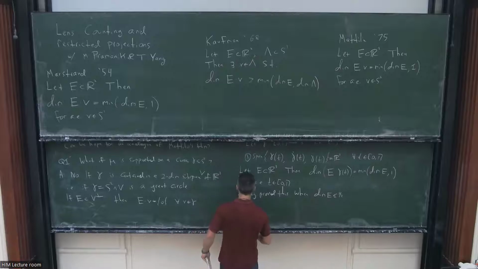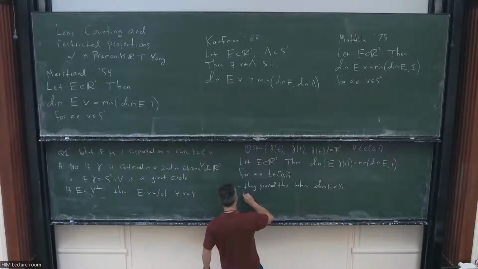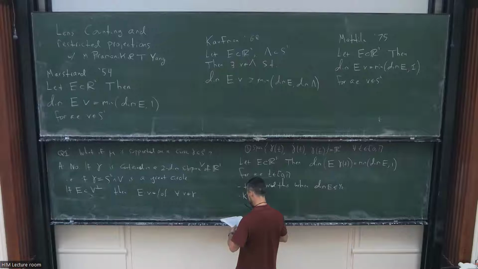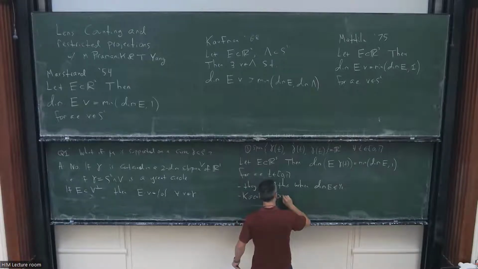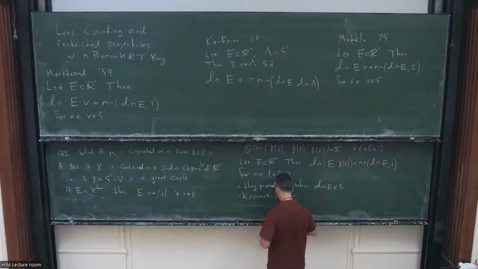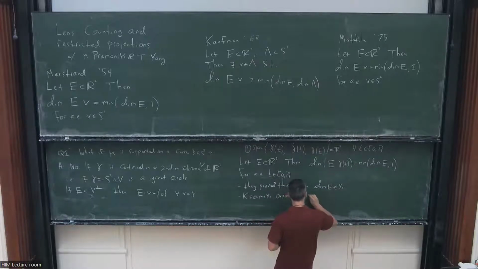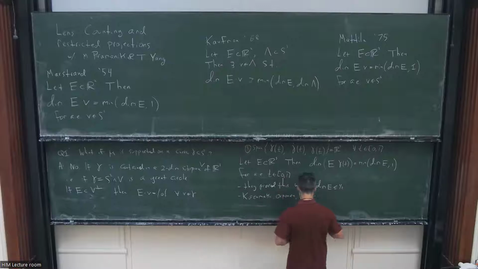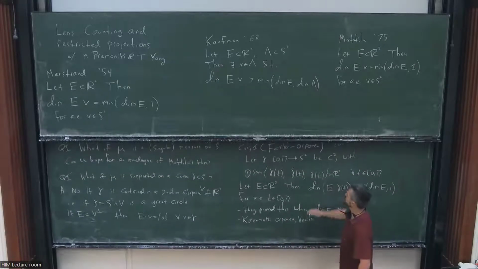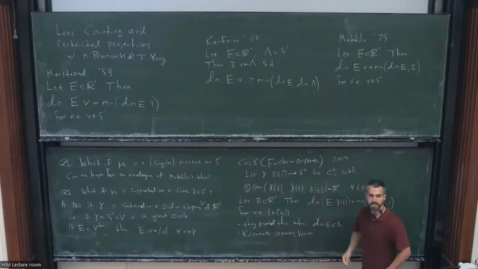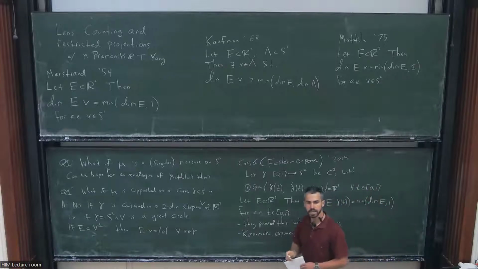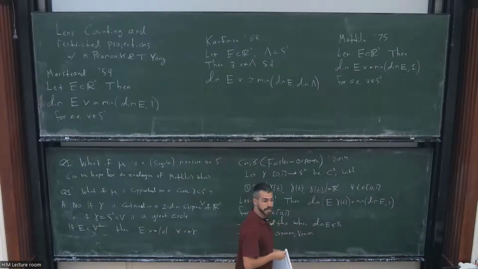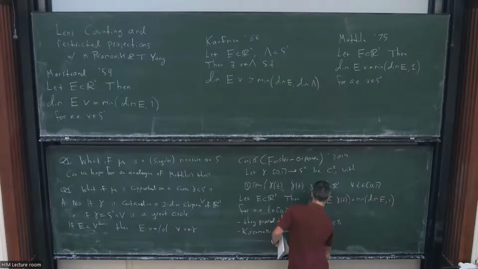Then in a follow-up work, Ken Maki, Orponen and Venieri, they proved this conjecture for sets E of arbitrary dimension, but for a specific curve gamma. So I'll say proved the conjecture.